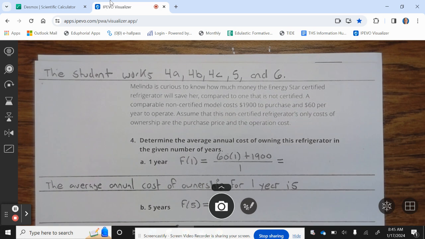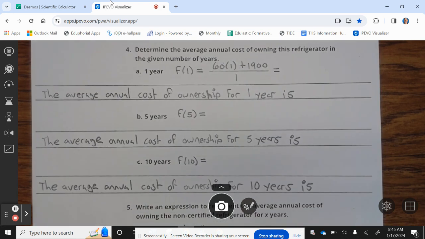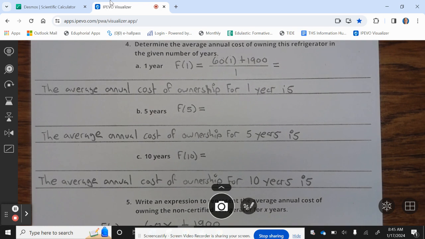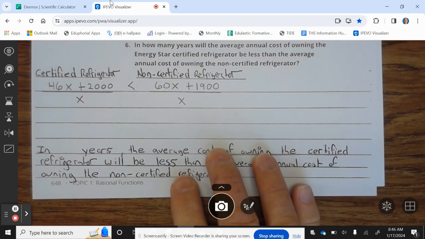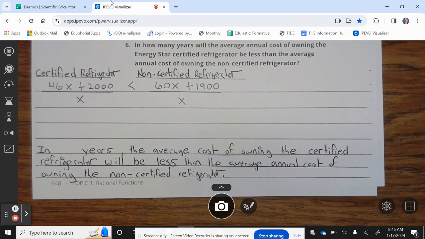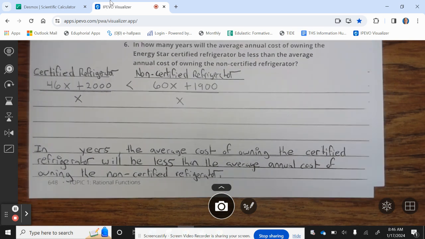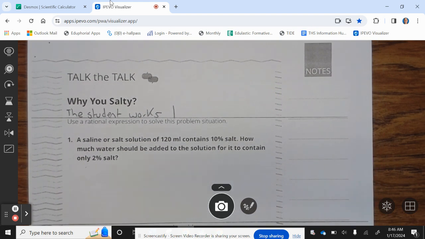The student works 4A, 4B, 4C, 5, and 6. All right, let's take a look at the next page. The student works 1.